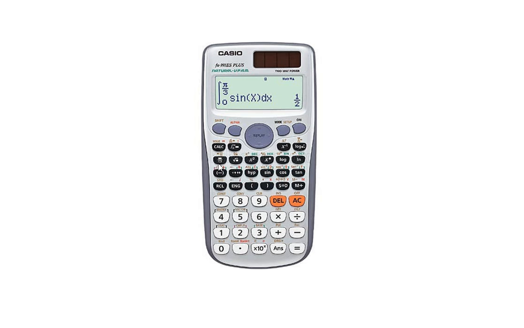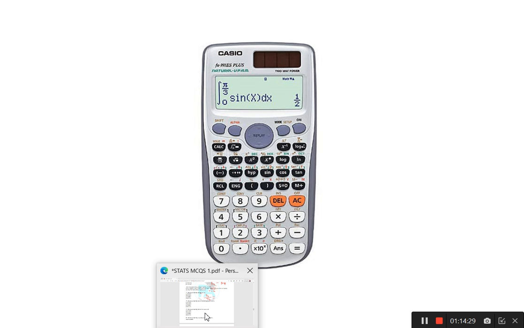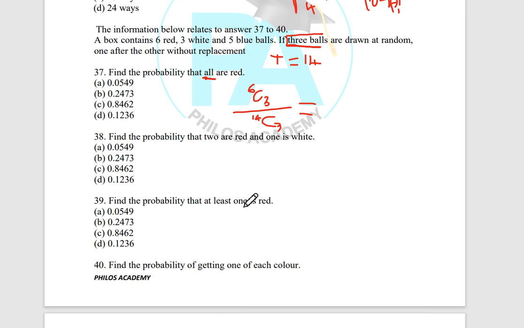Then you come to the denominator and fix 14 combination 3 there. Then you press the equal sign and you get your answer straightforward. Since it's MCQs, you don't have to waste time. When you do that properly, you get 0.0549. So the correct answer for question 37 is A. So let's proceed to question 38.